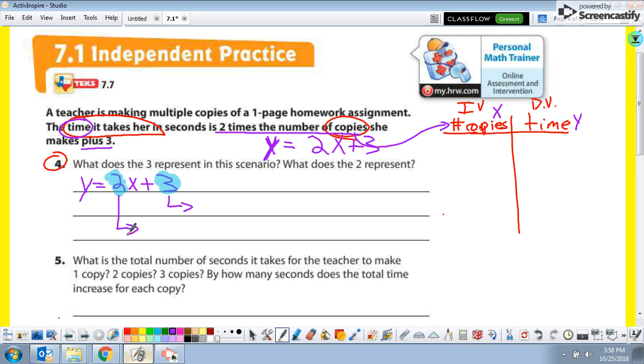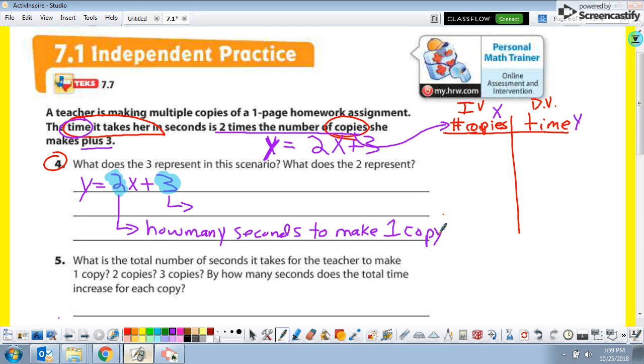So basically, the 2 represents how many seconds to make one copy. You scan the image, 2 seconds go by, 1 copy comes out. You want to do 2 copies, you scan the image, 2 seconds later a copy comes out, another 2 seconds later a second copy comes out.